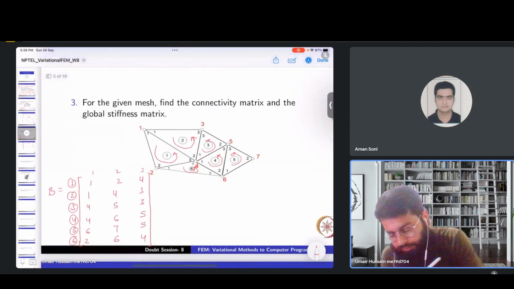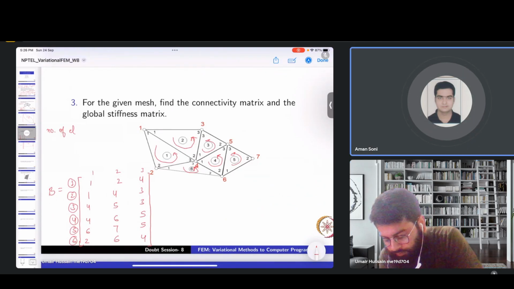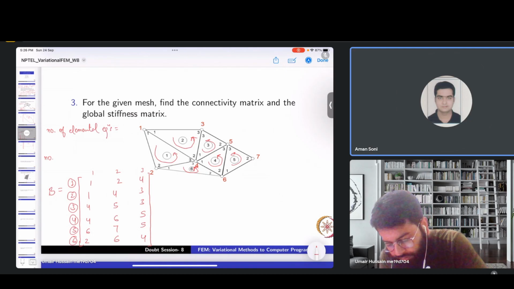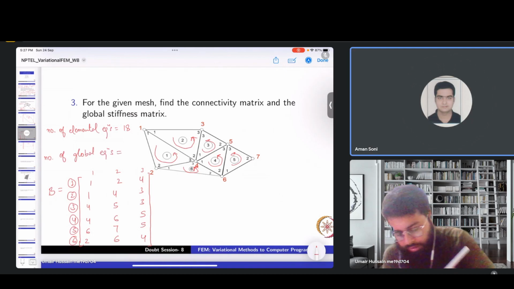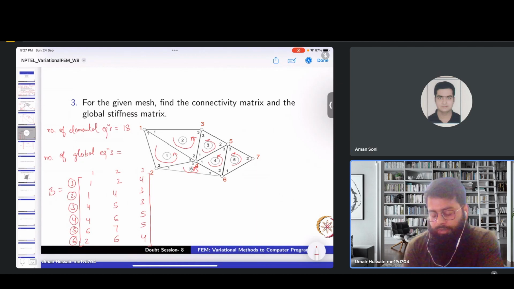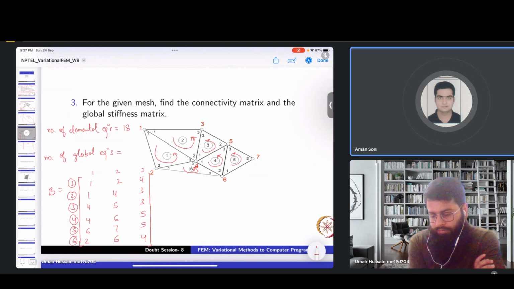And for this mesh, the elemental equations are 6 into 3, 18. And the number of global equations would be 7.